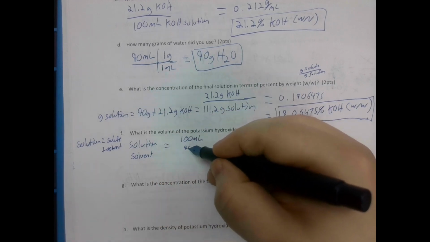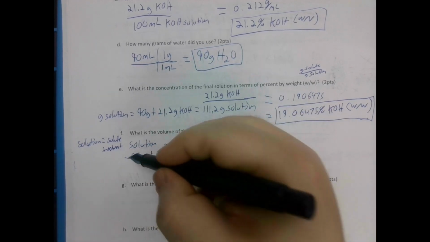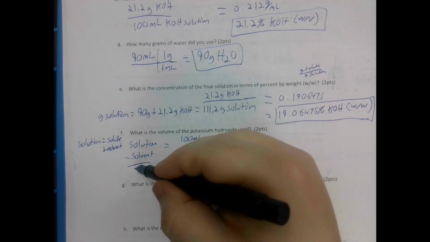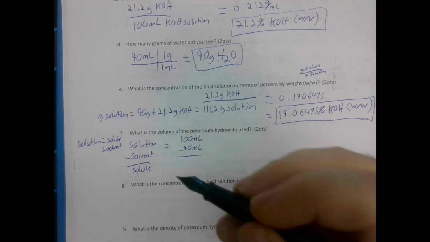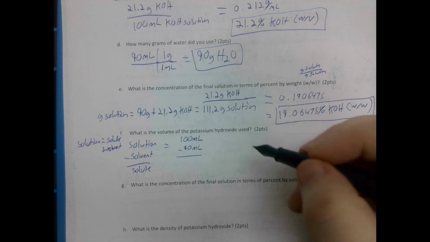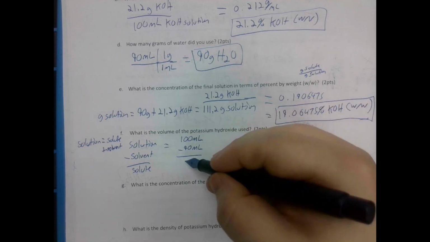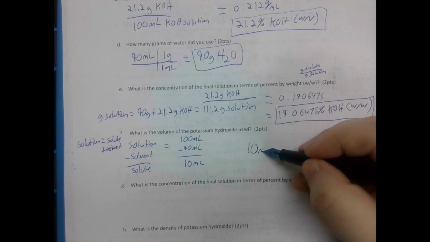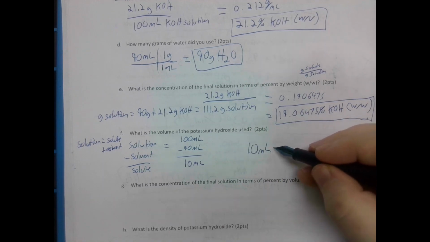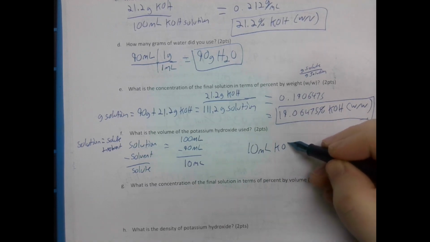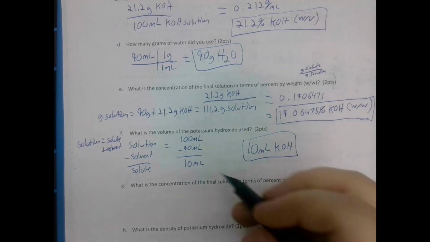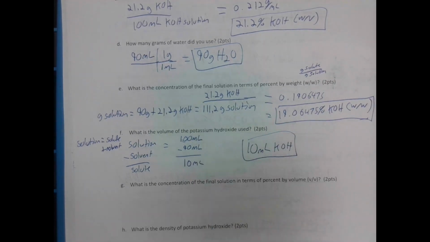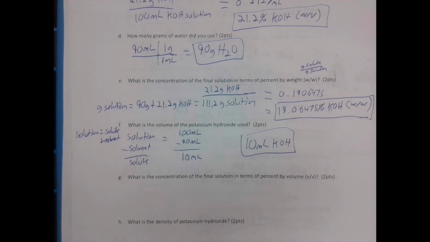I used 90 milliliters of water. And if I subtract these two, I get my solute, potassium hydroxide, which would be 10 milliliters. So my answer is 10 milliliters of KOH. So I have a 100 milliliter solution, 90 milliliters of water. That means 10 milliliters has to be potassium hydroxide.